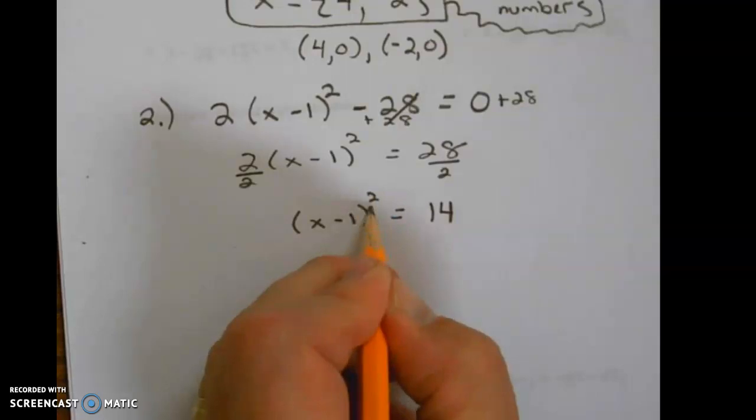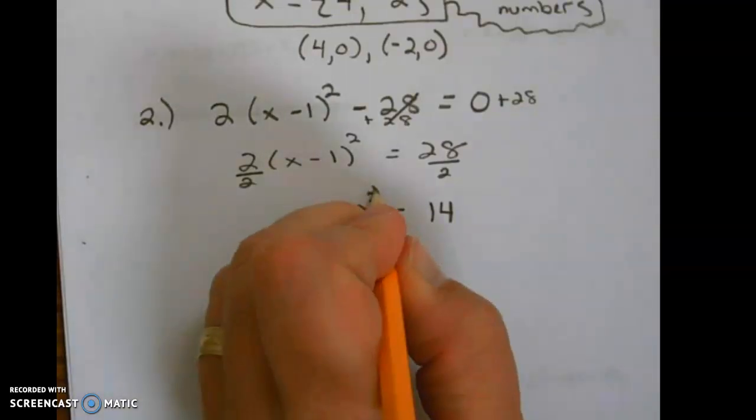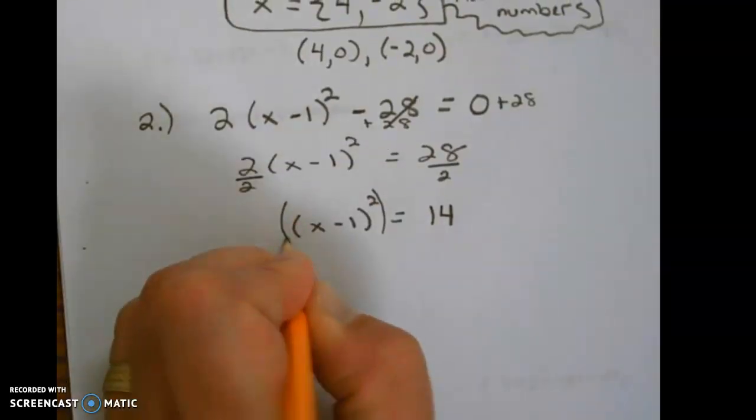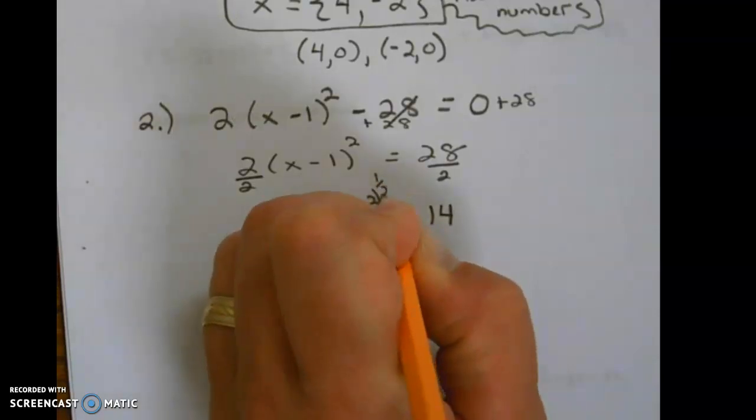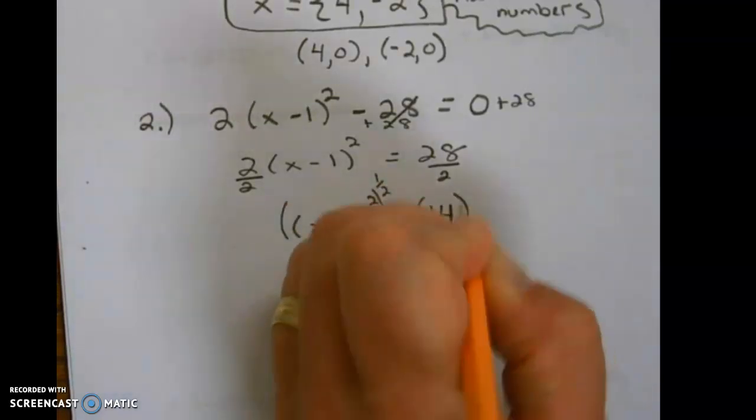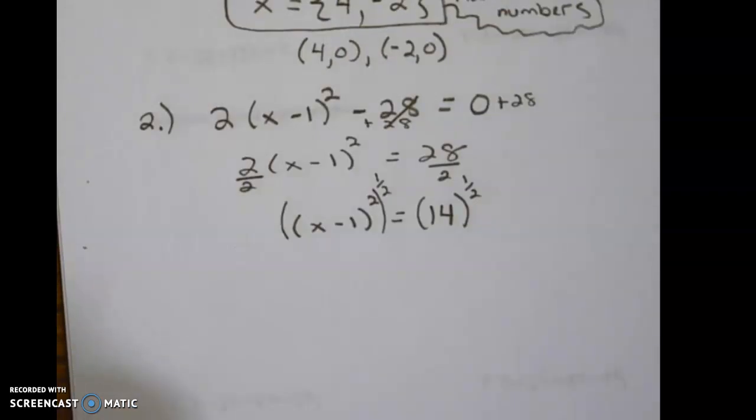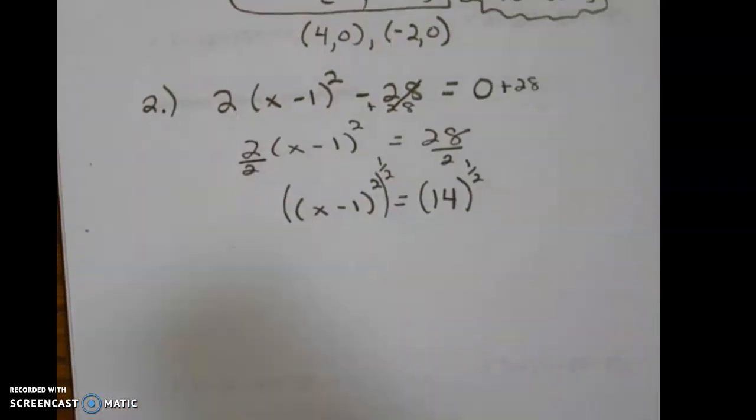And canceling out the square. Since this is an advanced math class, we're going to go ahead and just do the reciprocal power on both sides, because that is a more advanced move than just putting the radical over the top.